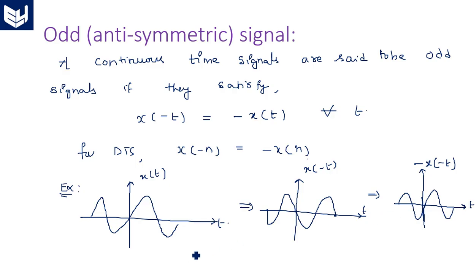This signal and this signal both are the same. So x of minus t is equal to minus x of t. Otherwise you can also write it as x of t is equal to minus x of minus t.